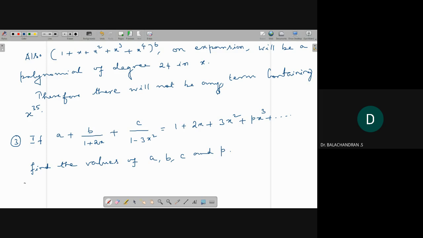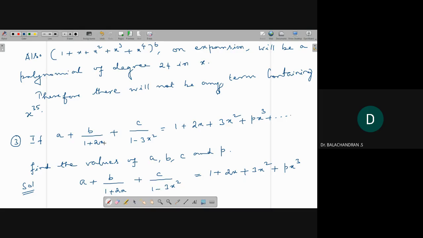So solution. What is given in the question, you should write a plus b divided by 1 plus 2x plus c divided by 1 minus 3x square, that is equal to 1 plus 2x plus 3x square plus px cube. So write 1 plus 2x in the numerator. Similarly, write 1 minus 3x square in the numerator.